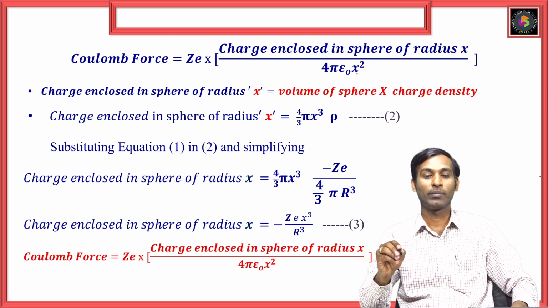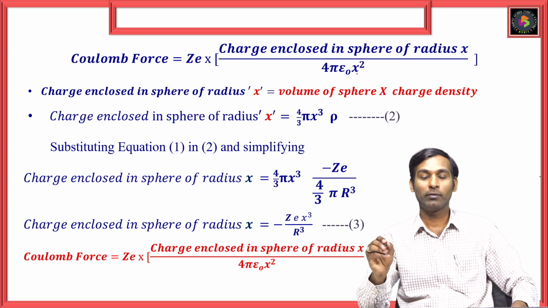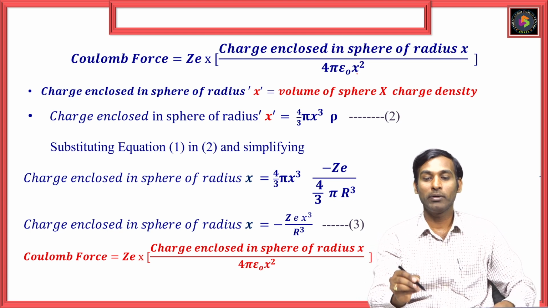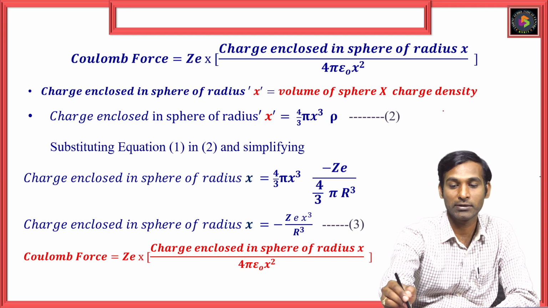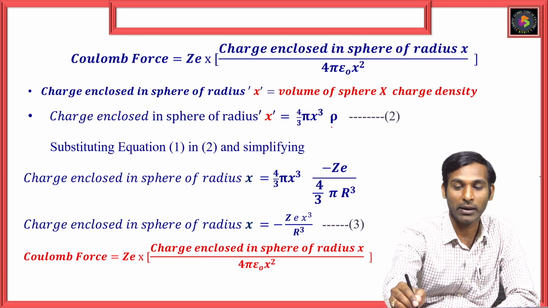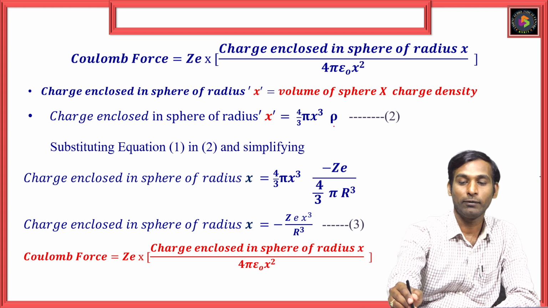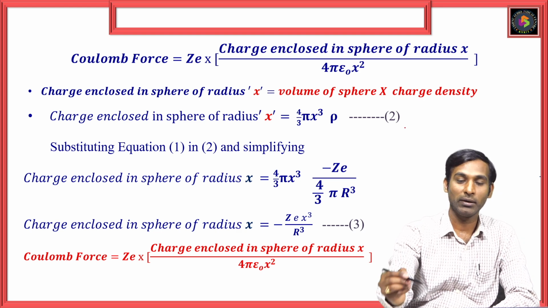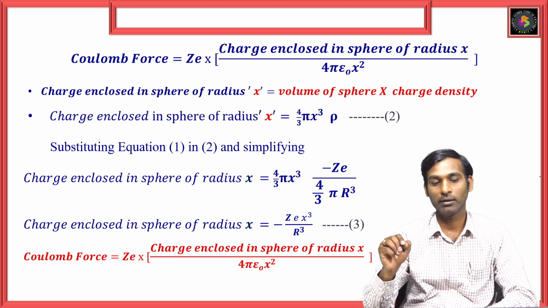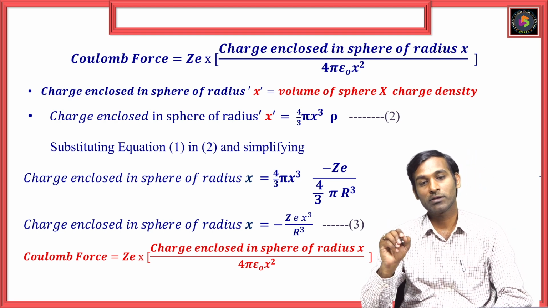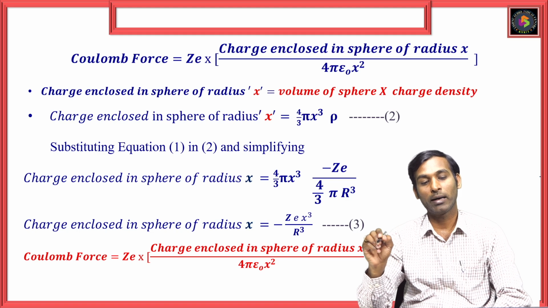The volume of the sphere is 4 by 3 pi x cube. The charge density is defined by the parameter rho. This is equation number 2. Previously we wrote equation number 1, which is the charge density. So substitute equation 1 in equation 2 and simplify.